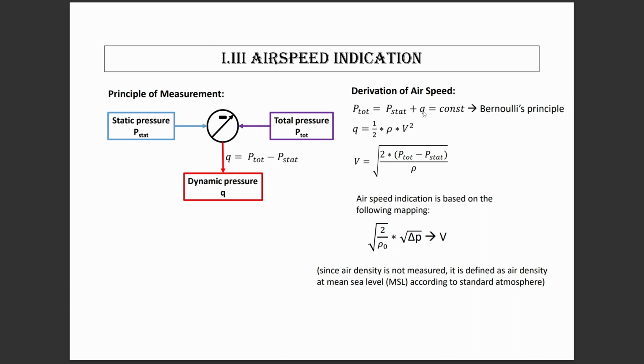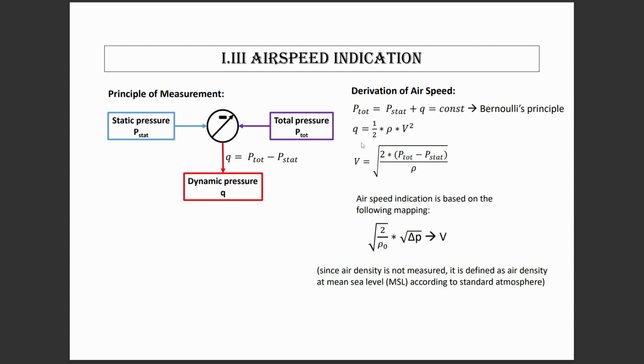So the sum of static and dynamic pressure is always constant. And the dynamic pressure is directly dependent on air density and airspeed squared. So this is the equation that you know for the dynamic pressure.